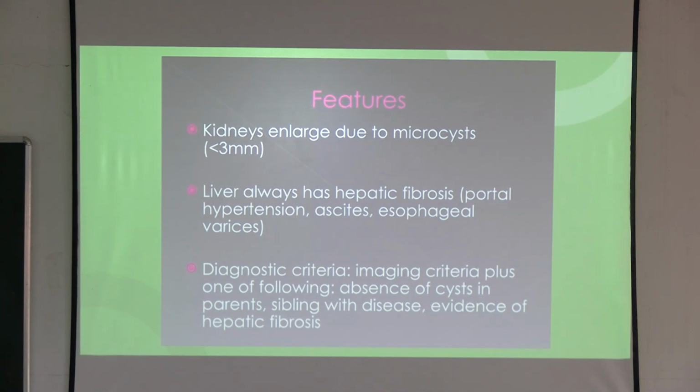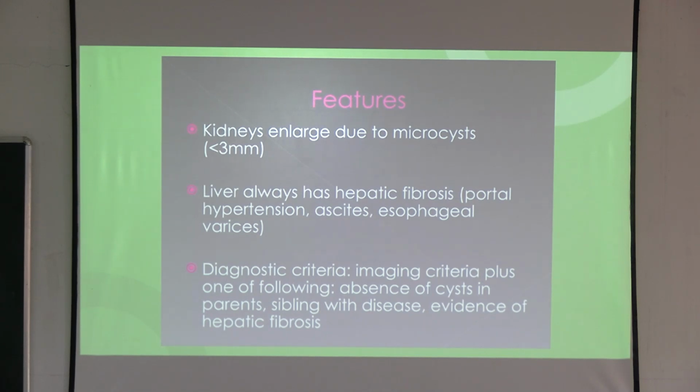Diagnostic criteria is imaging, ultrasonography plus one of the following: absence of cyst in parents. This is a recessive inheritance, so parents will be normal, but sibling with disease and evidence of hepatic fibrosis.